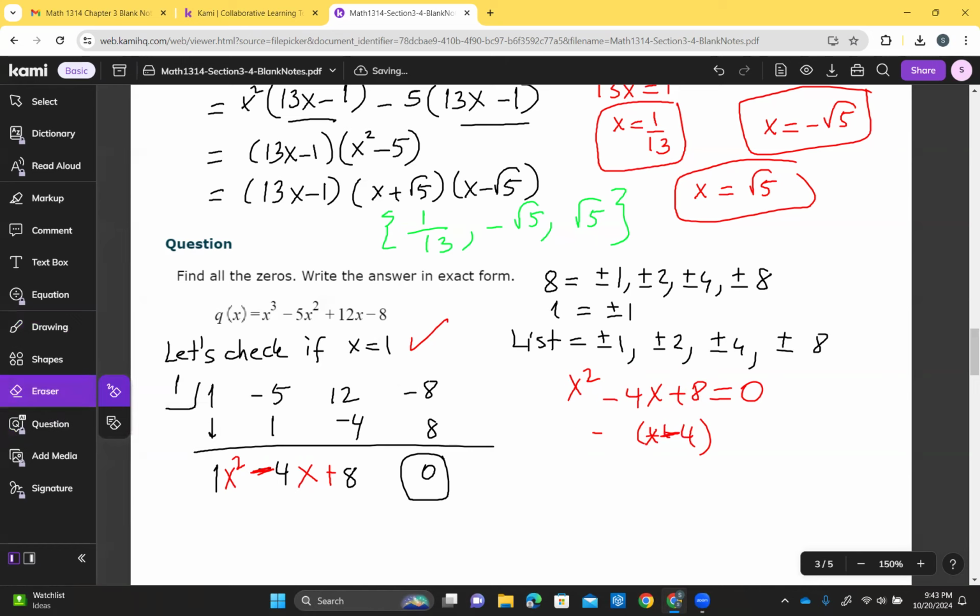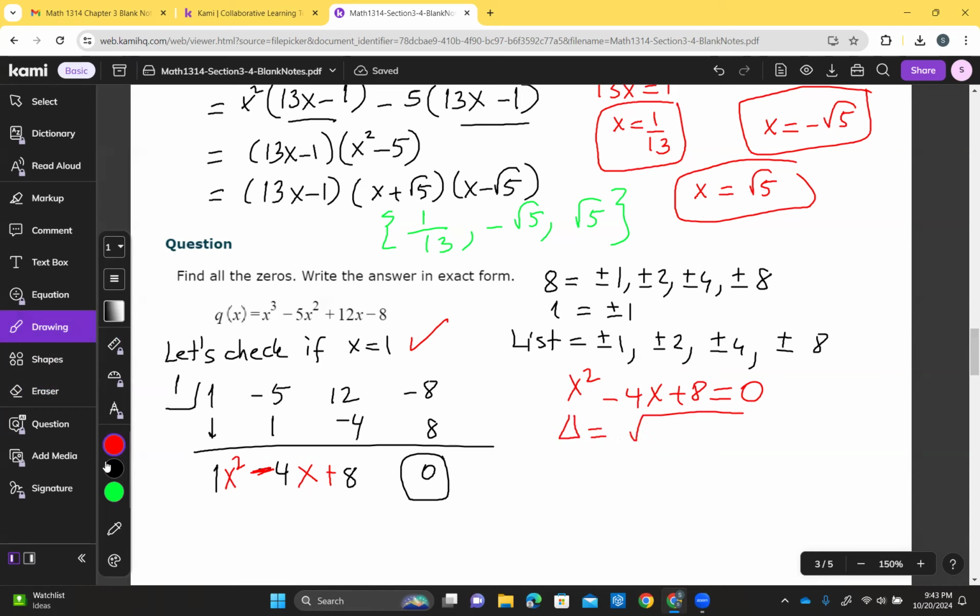So although it looks like a polynomial that we can factor, in fact, we still have to go through the quadratic formula. We're going to find the delta first, which is b squared minus 4ac. So b is negative 4, so I need negative 4 squared minus 4 times a, which is 1, times c, which is 8. So that's a 16, that's a negative 32.